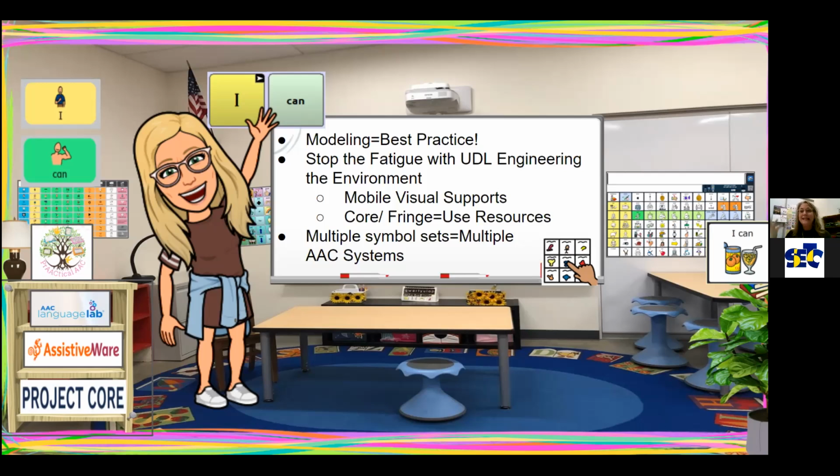So lots and lots of different AAC systems here, and honoring all of them and teaching all of them can be tiring, can be exhausting. So what we found is that we really wanted to stop that fatigue by engineering our environment, right? We know that print-rich environments are vital to student learning, right?